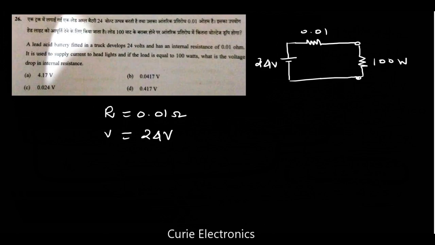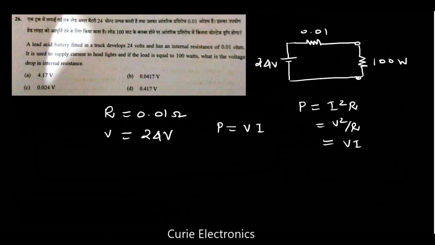What is the equation for power? Power equal to I square R or V square by R or V into I. Now, which equation will we use here? We will use V into I. Power equal to voltage into current.